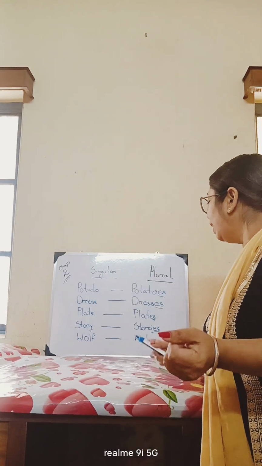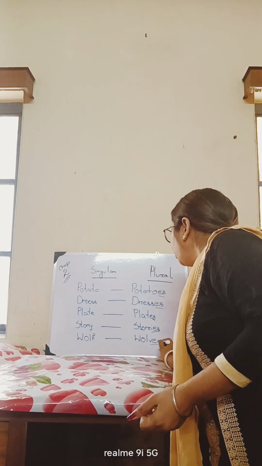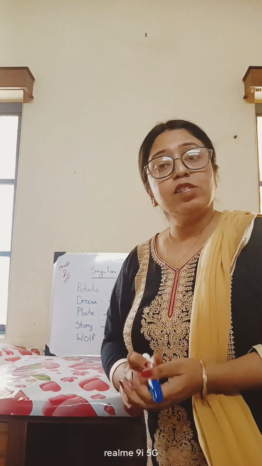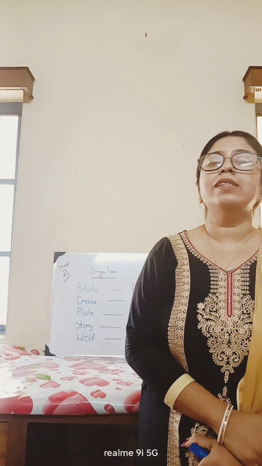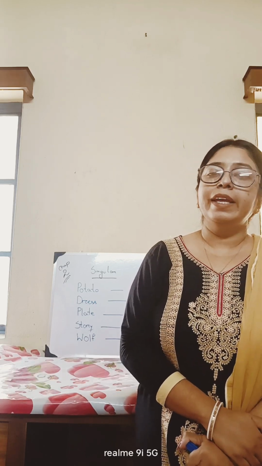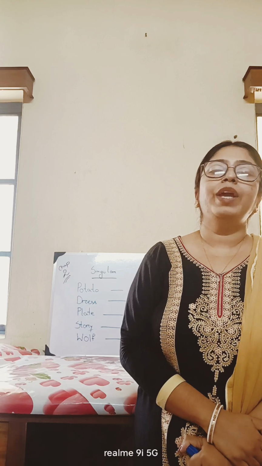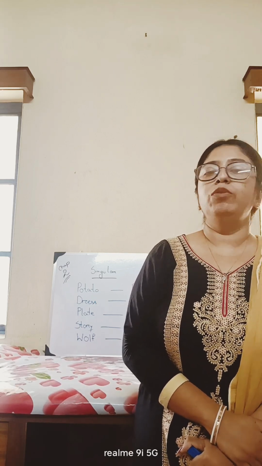In case of wolf, we use V-E-S instead of F to make the plural form: wolves. So, there are some rules to change the singular form of a noun to the plural form. Sometimes we add s, sometimes es, sometimes ies, and in some cases ves.